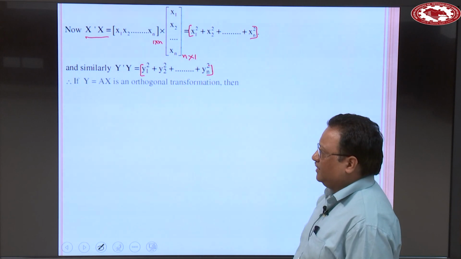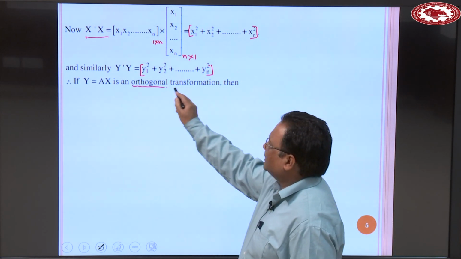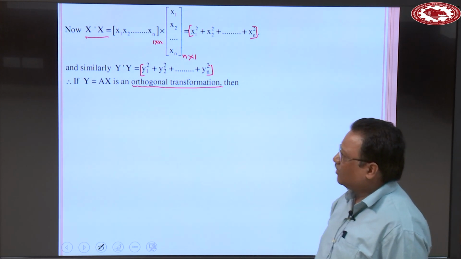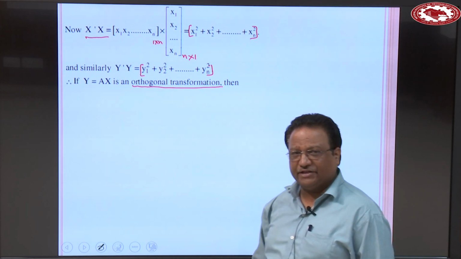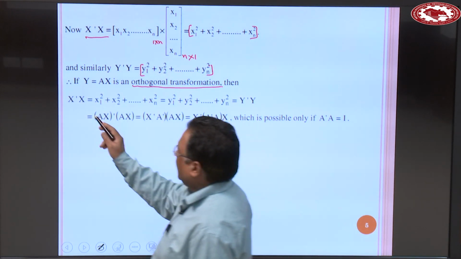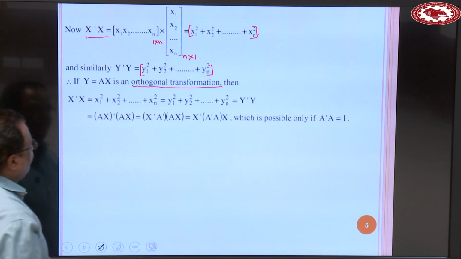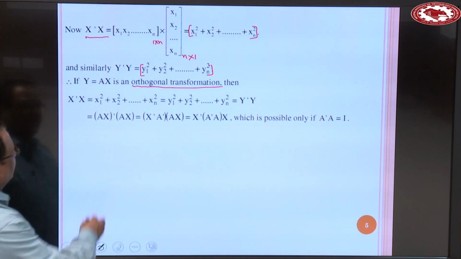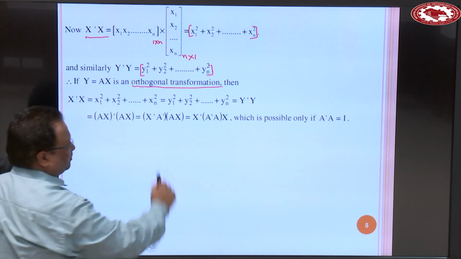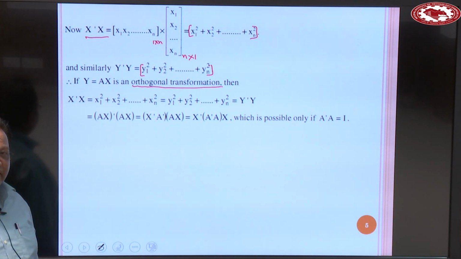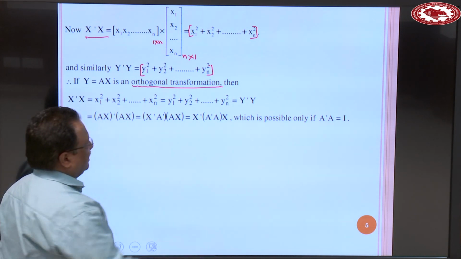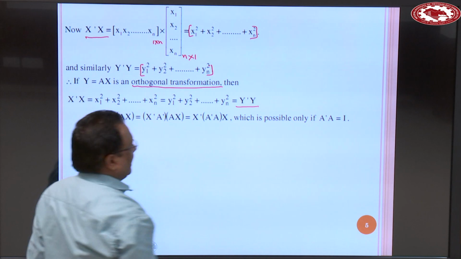Clear? Now, if y is equal to Ax is an orthogonal transformation, then by definition it transforms from this to this. This means x dash x, which is x1 square plus x2 square and so on plus xn square, is equal to, by definition, y1 square plus y2 square plus y3 square and so on yn square, and this result is y dash y.